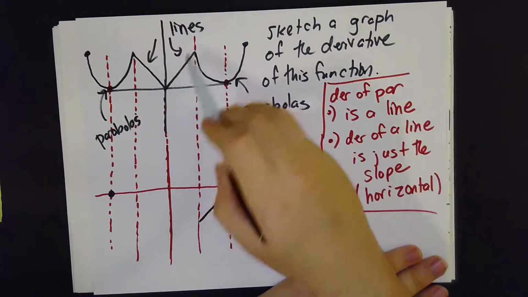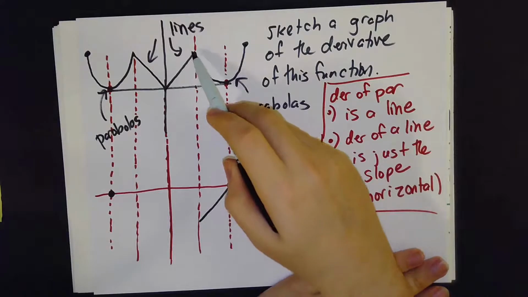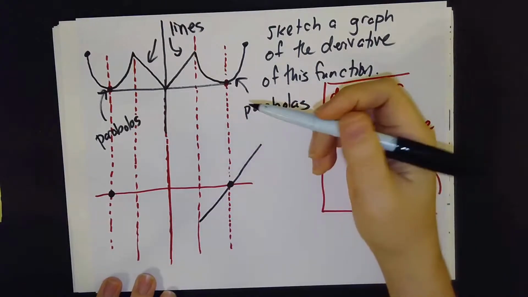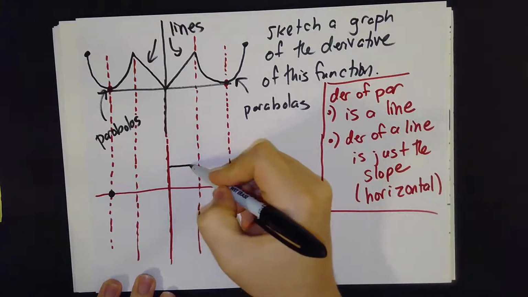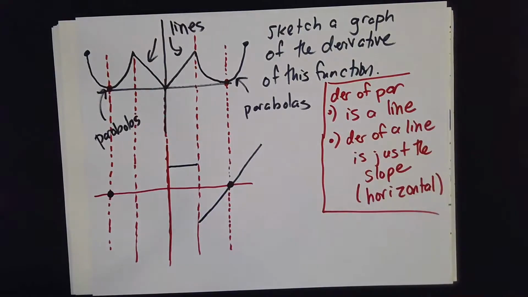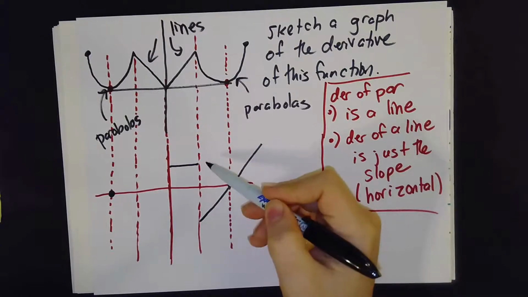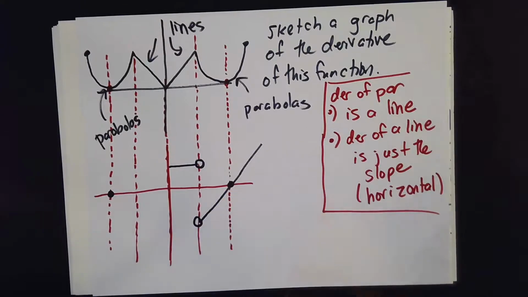Now we're on to this line piece. This line has positive slope, and so as noted, the derivative has to be a horizontal line, but it has to be a horizontal line at a positive spot. So it's going to look something like that. And note, this is going to force there to be a jump in the graph of the derivative, which means I need to put an open circle there on both sides to communicate that.